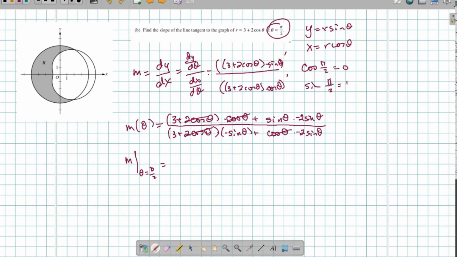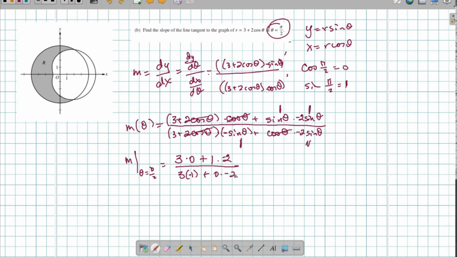And whenever I see sine of pi over 2, that term's going to be 1. So what I've got is 3 plus 0 times 0 plus 1 times, in this case, negative 2 over 3 times 1, negative 1, because of this negative sign here, plus 0 times negative 2.